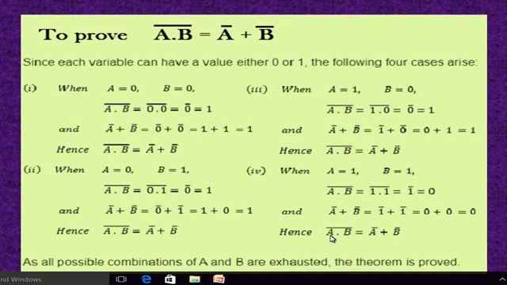Hence, (A dot B) complement is equal to A complement plus B complement, means LHS is equal to RHS. All possible combinations of A and B are exhausted. So this De Morgan's theorem is proved in this way.